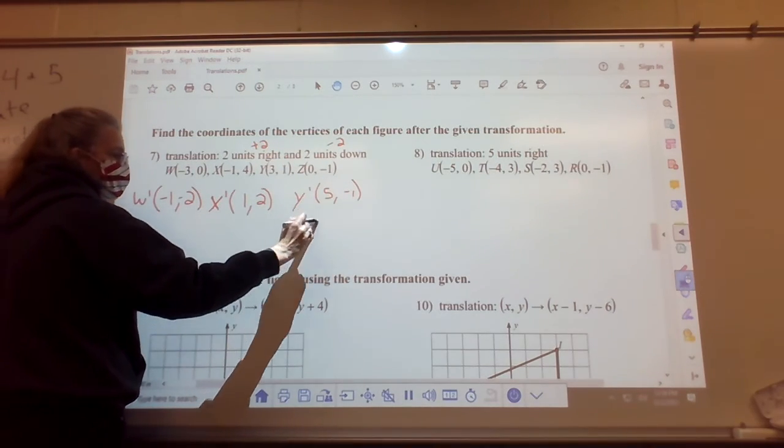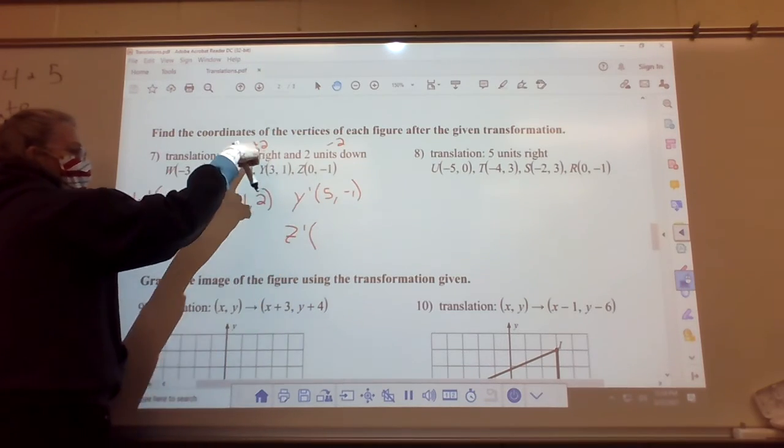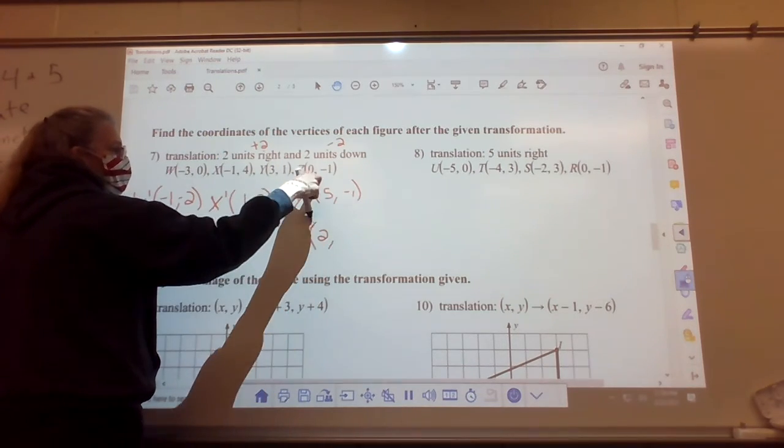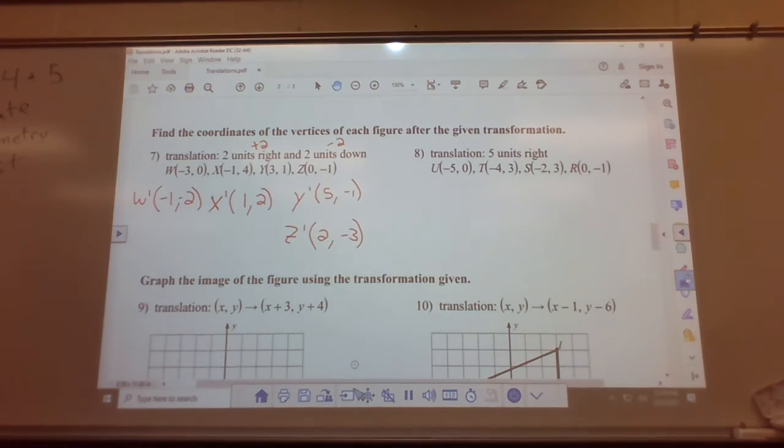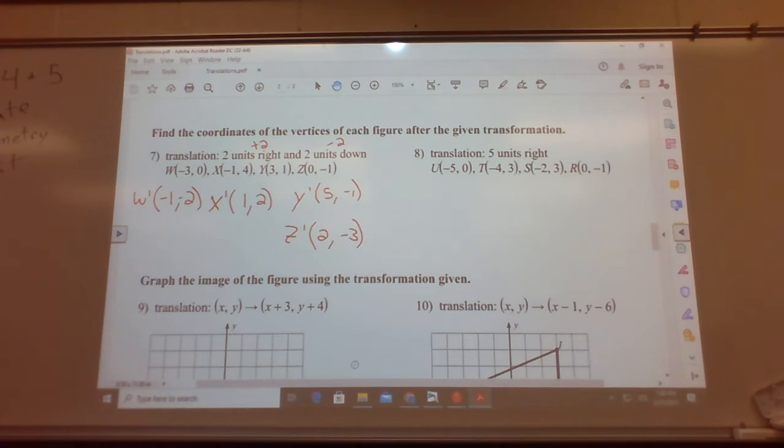I'll put Z down here. Z, 0 add 2 is 2. Negative 1 subtract 2, negative 3. Those are my new coordinates. So I found where the new one was going to be without doing any graphing at all. I just used my set. I used my rule. So 8, go ahead and find where those are going to be. Notice you're only going right. You're not going up and down. You're only changing the x.